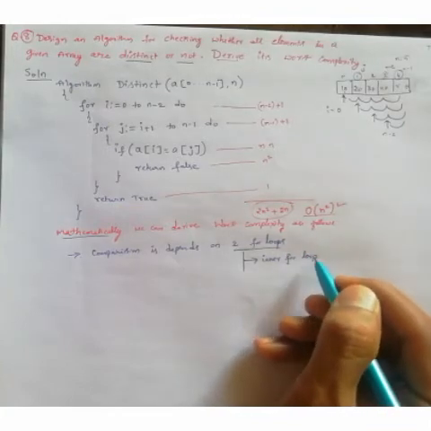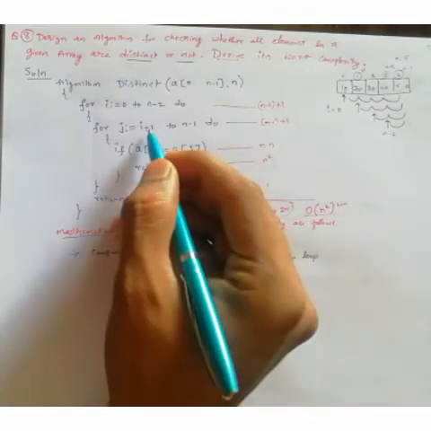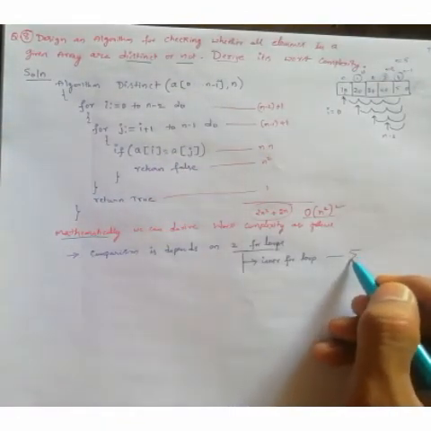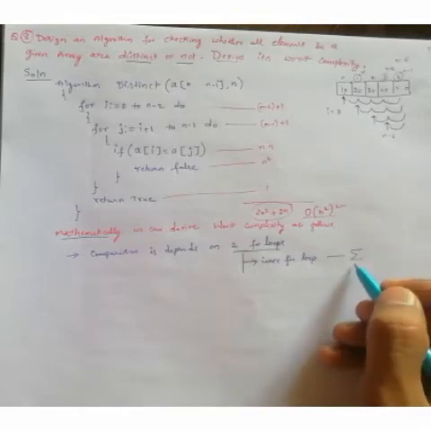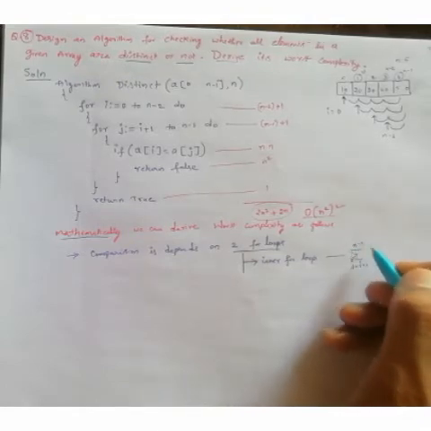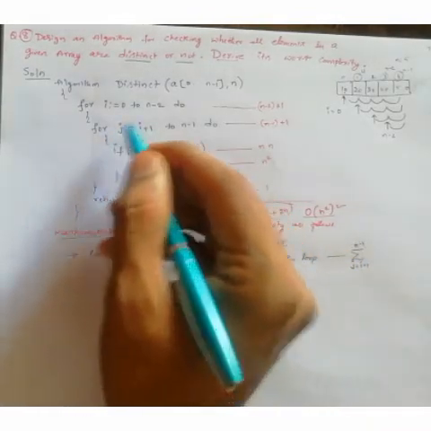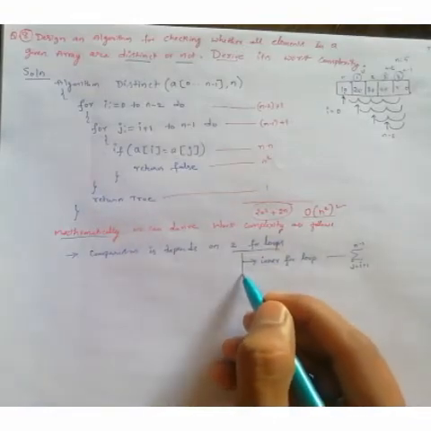Inner for loop from I plus 1 to n minus 1. So can I write the inner for loop as summation of j is equals to I plus 1 to n minus 1? Yes. So this will repeat number of times like this.